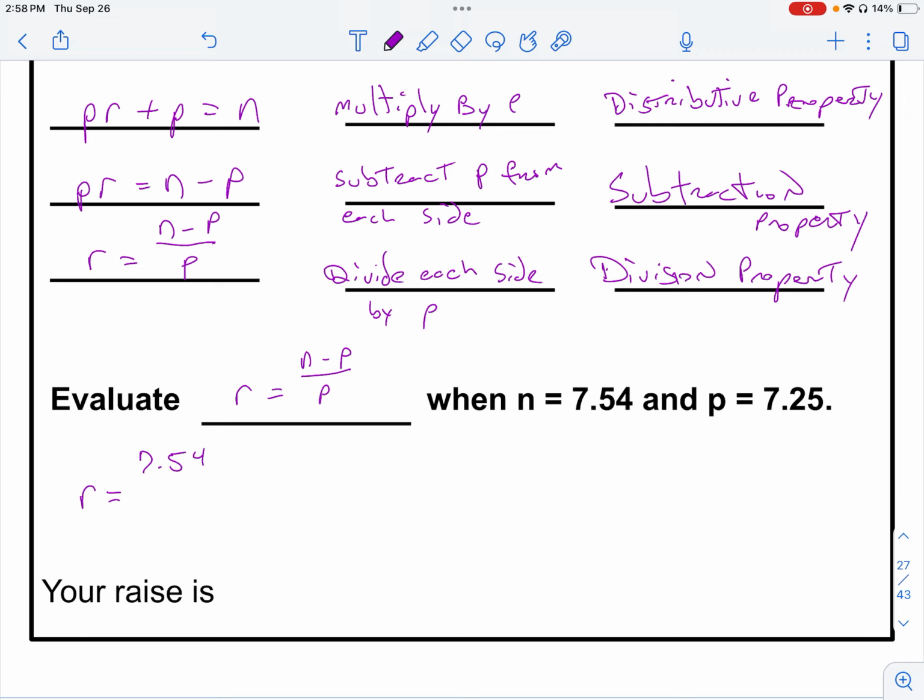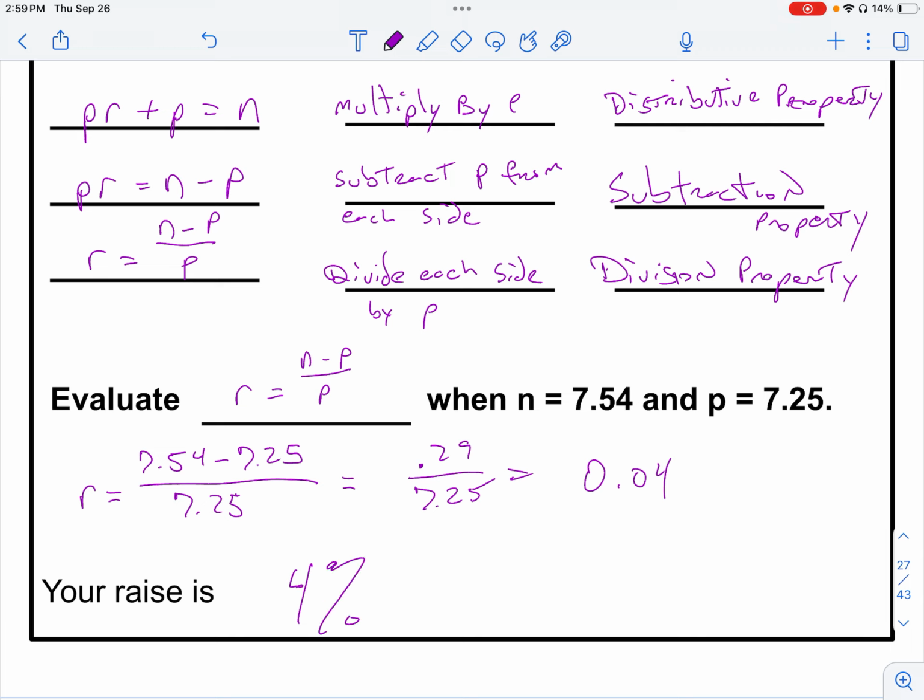We're going to substitute 7.54 for n and 7.25 every place we have a p. So that's 0.29 over 7.25. So r is going to equal 0.04. We multiply that by 100. We got a raise of 4%.